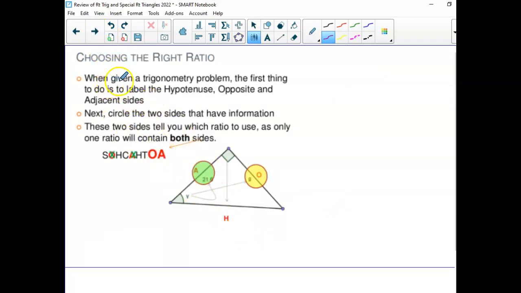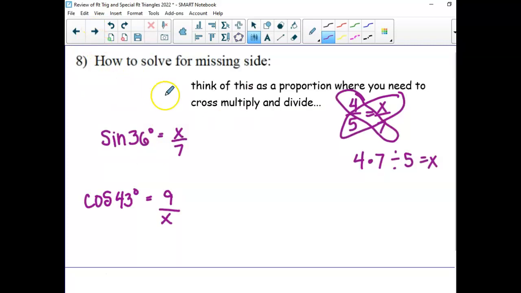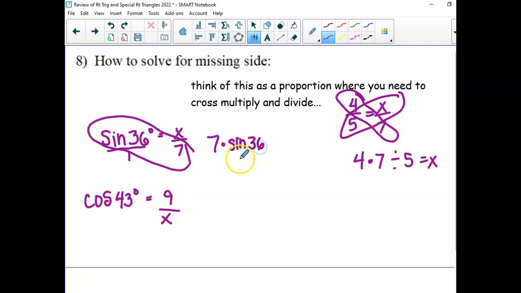So it says, when given a trig problem, the first thing you want to do is label opposite, adjacent. Then you have the information. Okay, we already talked about that. So when you have this kind of a situation, I would say 4 times 7 divided by 5. Okay, so when I have this situation in a minute, I'm going to think of this as 7 times the sine of 36, and then divided by 1 will give me x.